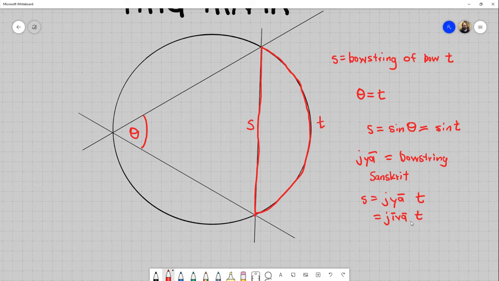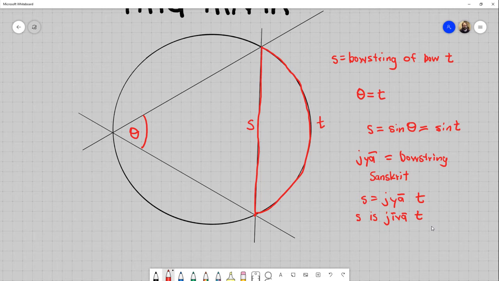So S is, now I guess we're using the equal sign as a shorthand for is, I don't know the Sanskrit word for is. S is jiva t.